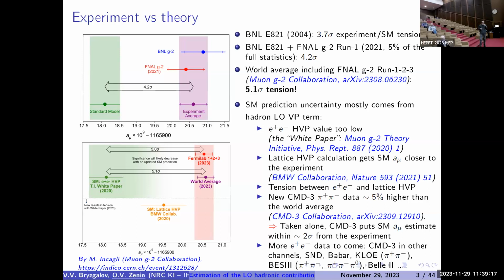The situation with the dispersive estimate somewhat changed when the CMD-3 collaboration, the experiment based in Novosibirsk on the VEPP-2000 collider, published the new measurements of the pi+ pi- cross section, which is systematically higher, significantly higher than the same cross section measured by other experiments, and even higher than their own result obtained before the upgrade, when CMD-3 was just CMD-2.